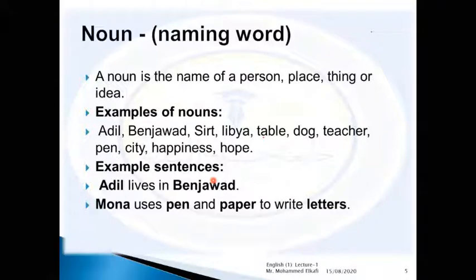Another example for nouns in a sentence: Muna uses pen and paper to write letters. The nouns are Muna, name of a person, pen and paper, names of things, and also letters is the plural form of letter, which is a name of a thing.